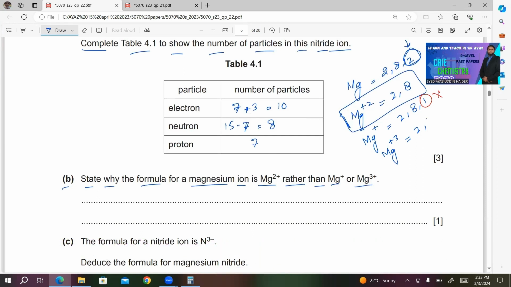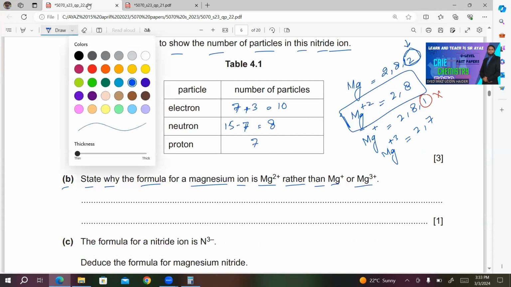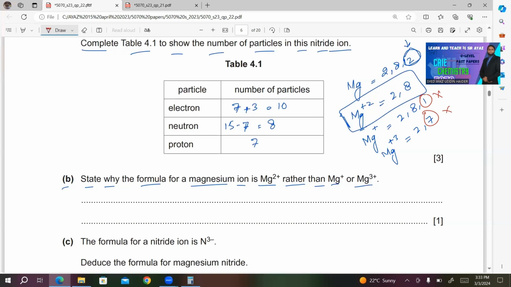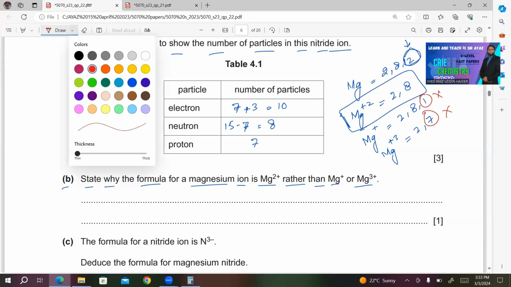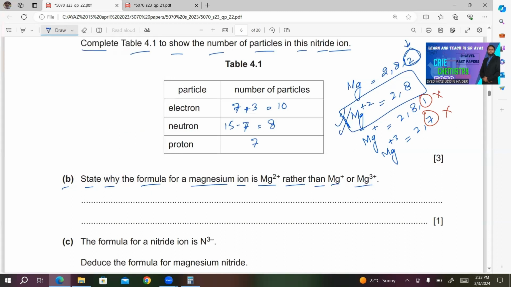Configuration becomes 2, 7. This is also incorrect. The reason is that again its valence shell becomes incomplete. So this is the most feasible state for Mg2 plus. It has a complete outer shell of electrons.